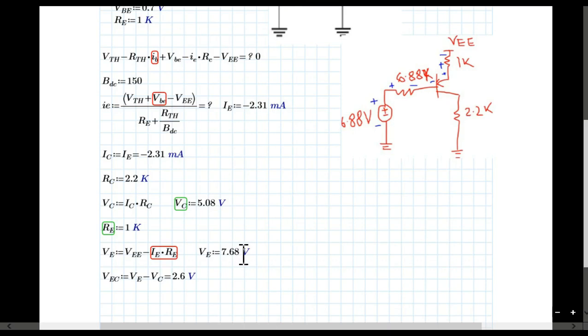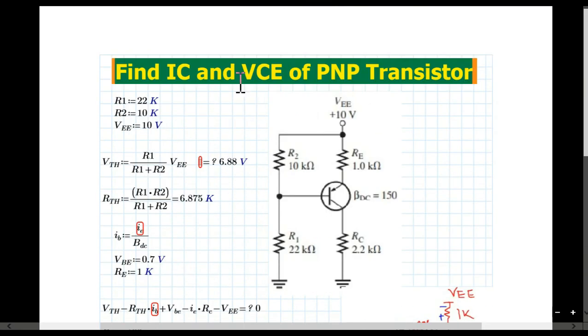Right. Now you can easily find the value of VEC. What is the VEC? VE minus VC. So what is VE? 7.68 minus VC 5.08. So your VEC value is 2.6. Guys, I might have made a mistake here. This should be VEC, not VCE.